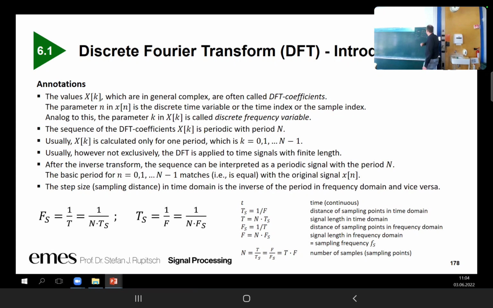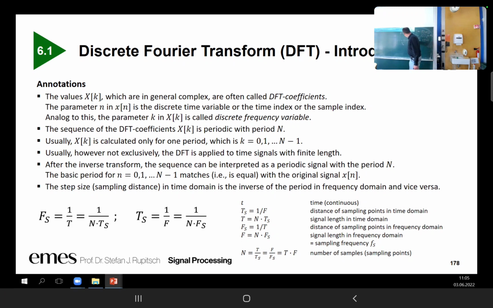What's the difference between two sampling points in our frequency domain? This is Δf, 100 hertz, exactly.